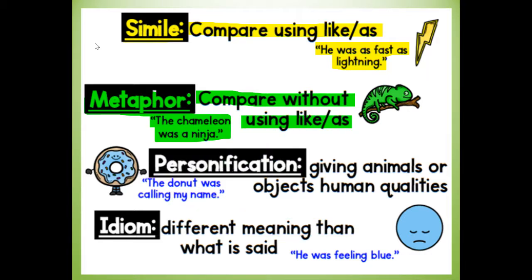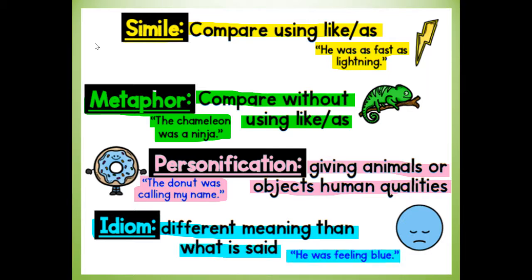The chameleon was a ninja. Then we're going to look at personification. Personification has the word person in it, and that means giving animals or objects human qualities like a person. The donut was calling my name. And then here's idiom, a different meaning than what is said. He was feeling blue.